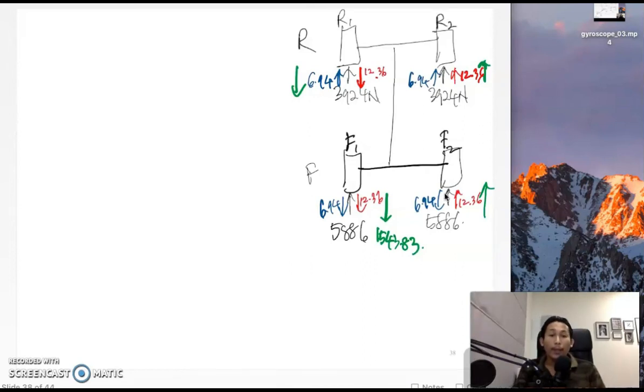Okay, then we need to calculate the force for each wheel.